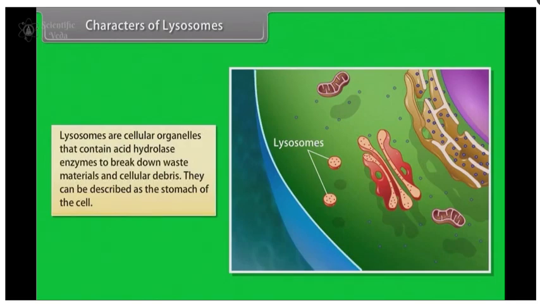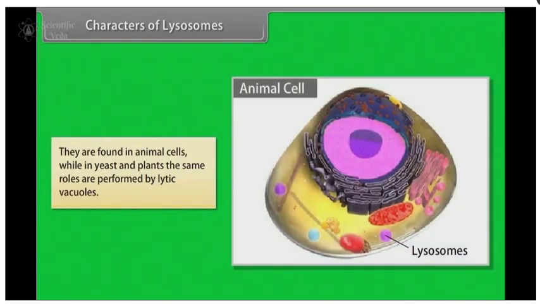Lysosomes are cellular organelles that contain acid hydrolase enzymes to break down waste materials and cellular debris. They can be described as the stomach of the cell. They are found in animal cells, while in yeast and plants the same roles are performed by lytic vacuoles.